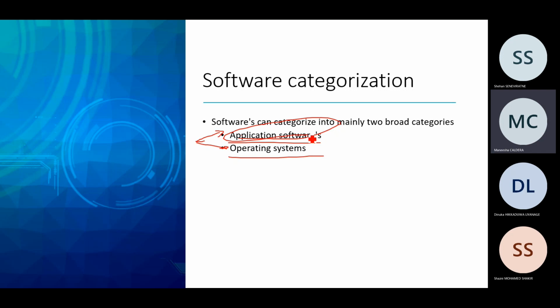As an example, if we take Microsoft Word, there's a specific objective, which is writing something. That's the main objective. But apart from that, there might be some minor or mini objectives in many applications. If we take a web browser, the major objective is to search for something through the internet, through what we call networking protocols, right?